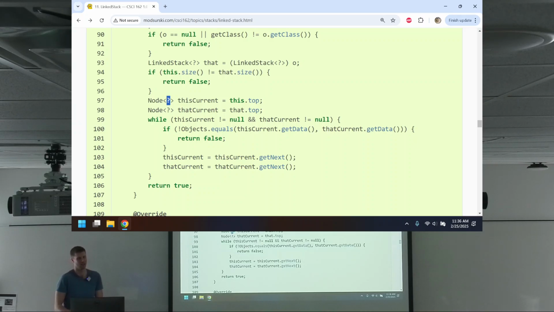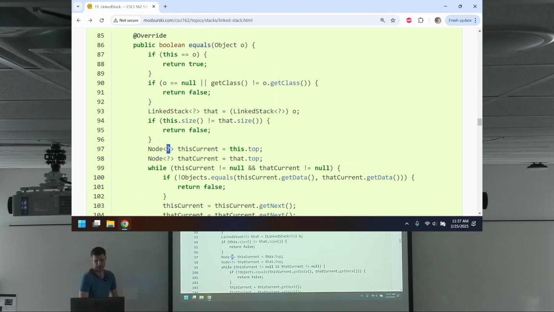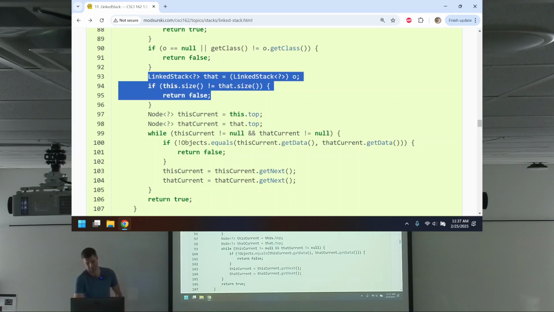Yeah? About the null thing, aren't we already checking if it's null before? Well, only the top. First we're checking if the other object is null, right? But I exist. And then here, now we're checking if the top is null.